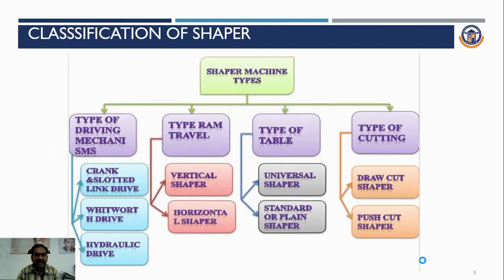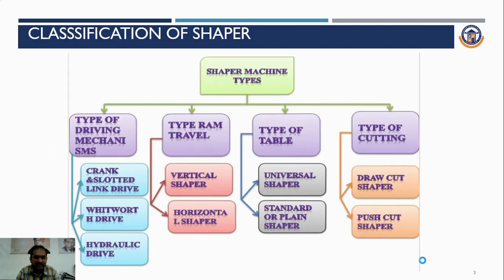Then we are going to see the classification of shapers. We have four major types of classification. One is the type of driving mechanism: crank and slot link drive, quick return drive, and hydraulic drive.